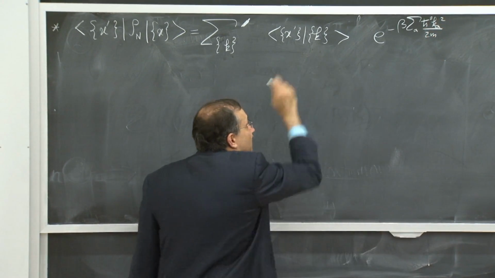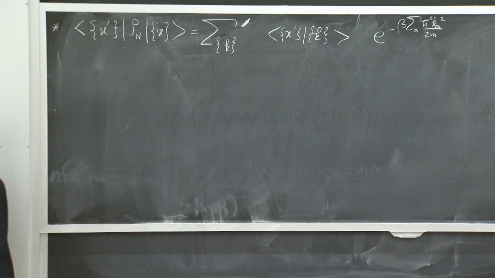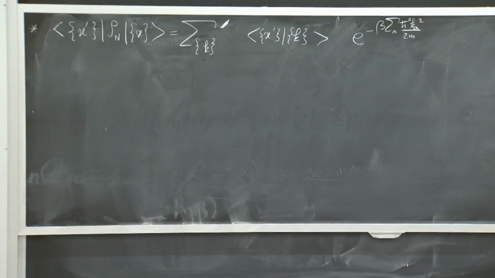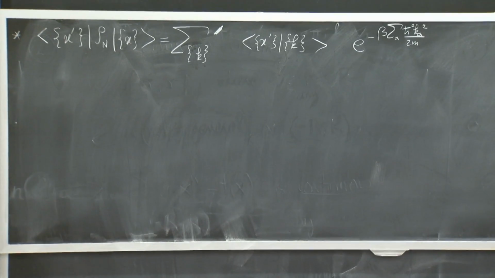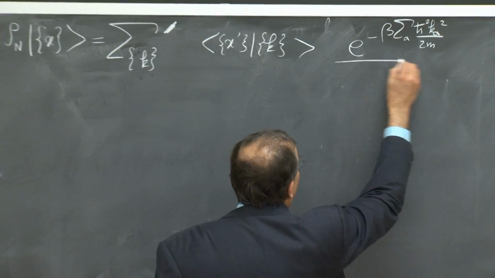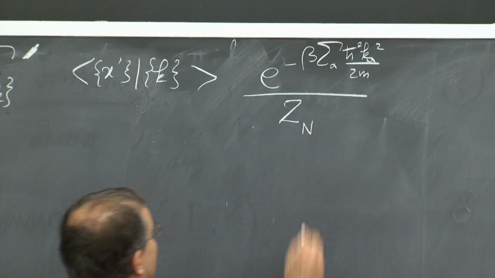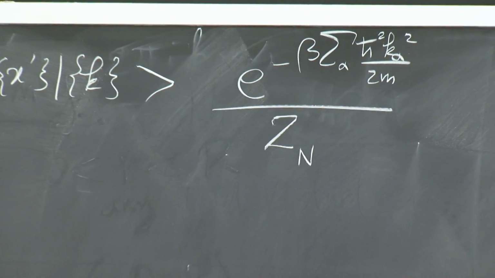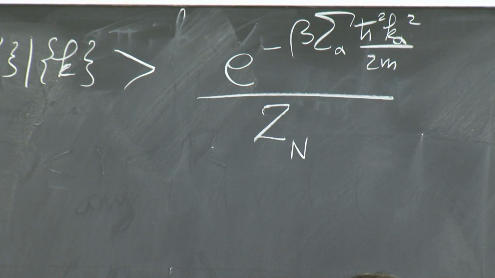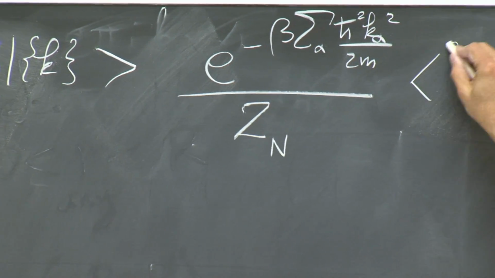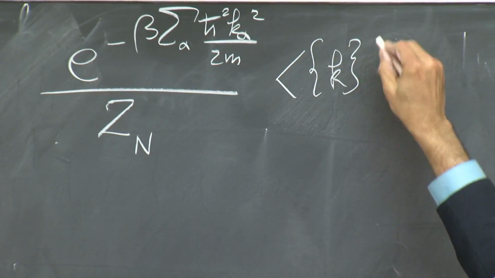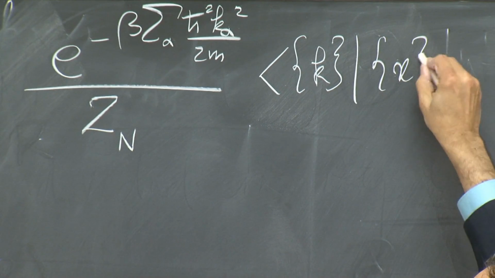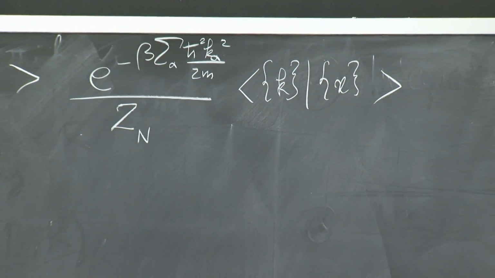So I sum over the list of k alphas that appear in this series. There will be n of them. I have to appropriately normalize that by the n particle partition function, which we have yet to calculate. And then I go back from k to x.